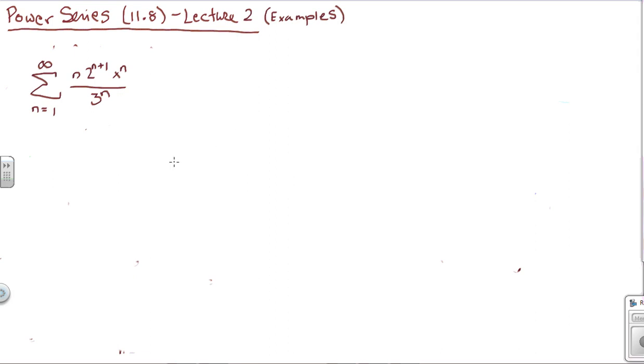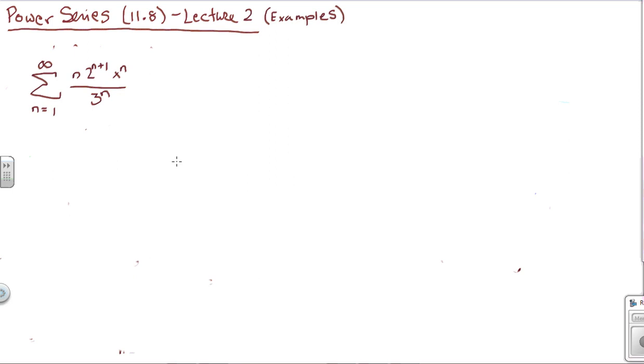Okay, so in our last lecture, we saw a couple of situations where we had geometric series that we could talk about, and we could find the domain by the rule for geometric series. And we had one example that was not a geometric series, and we had to do some work to figure out what the domain was for that. We used the ratio test.